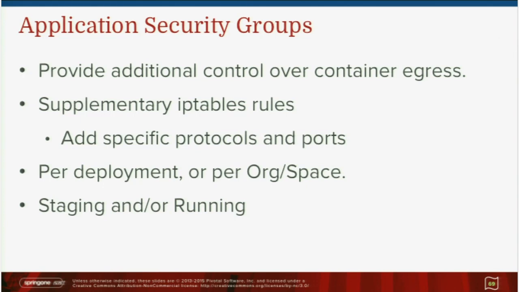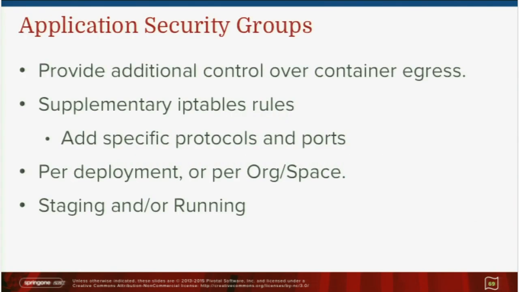Perhaps, for example, you have to get connectivity to a particular backend database that's not hosted in the cloud. You can set up your IP tables rules as part of the application security group to say that I can get access to that IP address on another network because that's where I'm going to connect to my database. A different application running in a different org and space doesn't need access to that database. I can set up the IP tables rules to prevent that access. So I can lock things down a little bit better in the later releases.